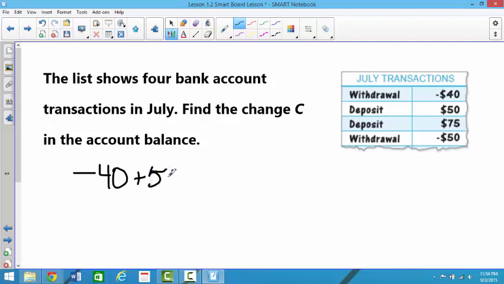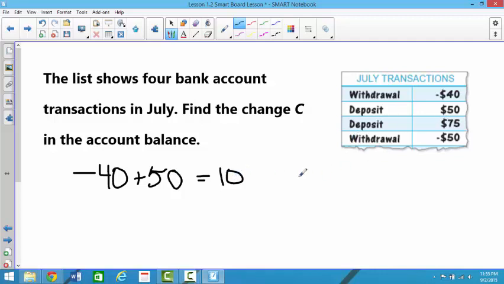Okay? So a negative 40 and 50. The absolute value of negative 40 is 40. The absolute value of 50 is 50. So you're going to subtract 50 minus 40 is 10. Okay? Now, 50 is larger and 50 is positive, so our answer is going to be a positive 10.